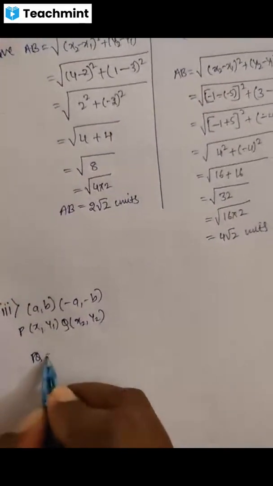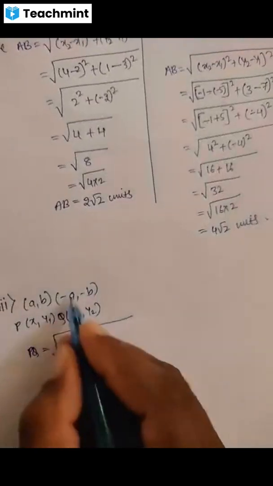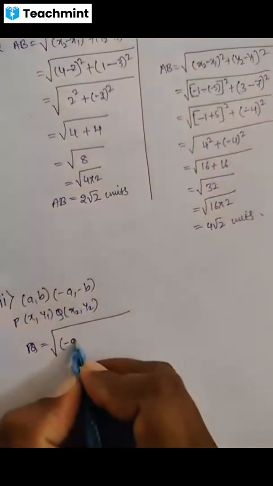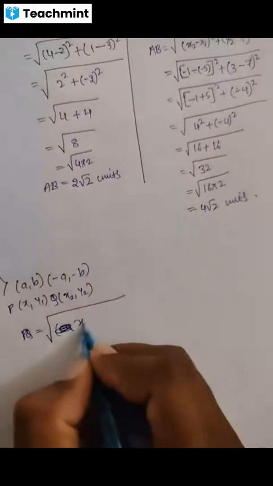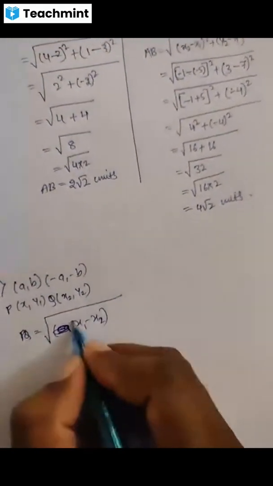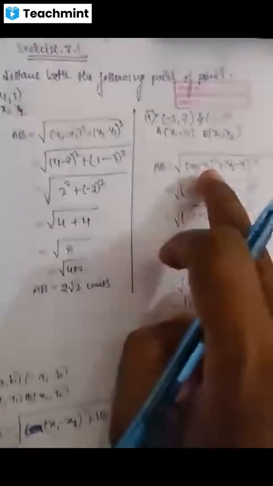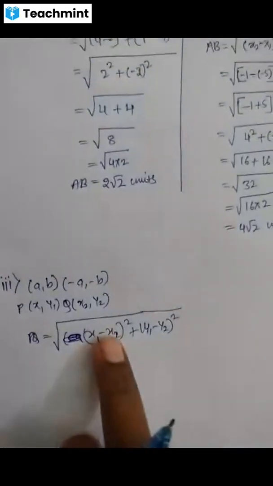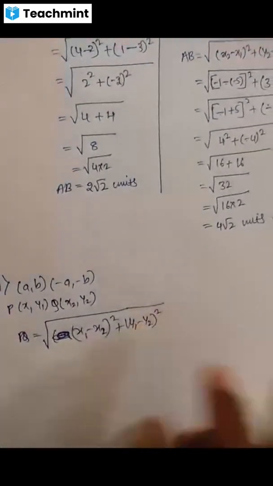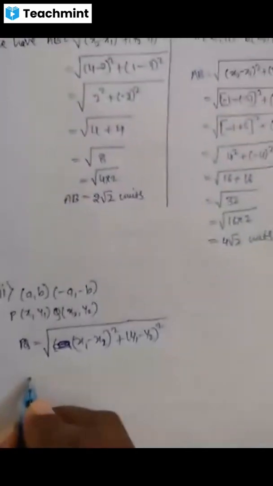That will also give the same result. (x2 minus x1) whole square plus (y2 minus y1) whole square is the same as (x1 minus x2) whole square plus (y1 minus y2) whole square. You may use either one, both are correct.